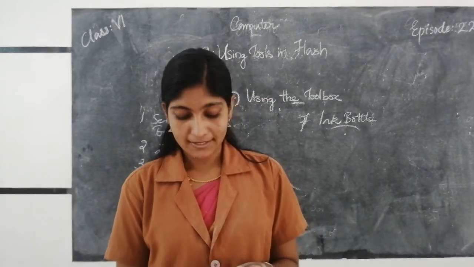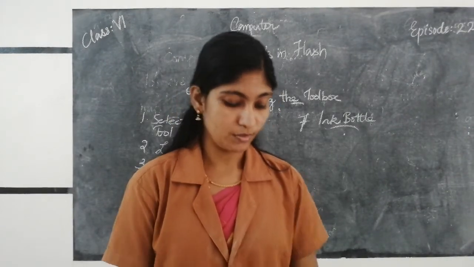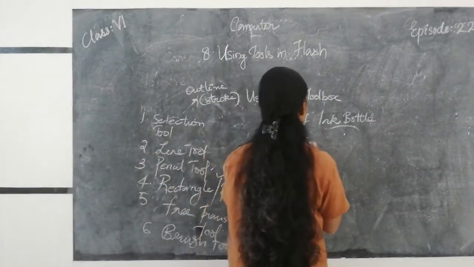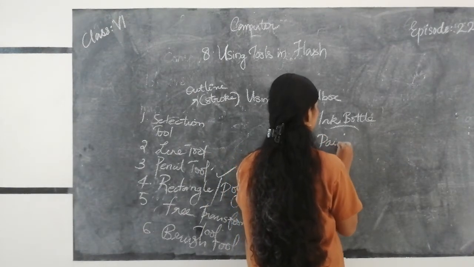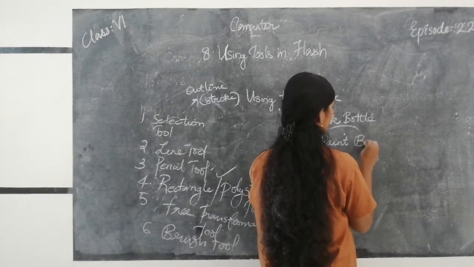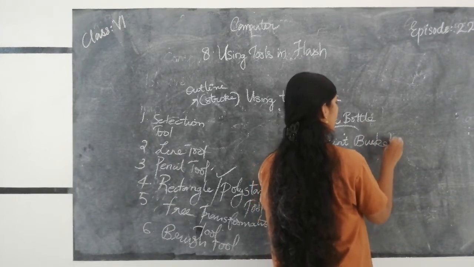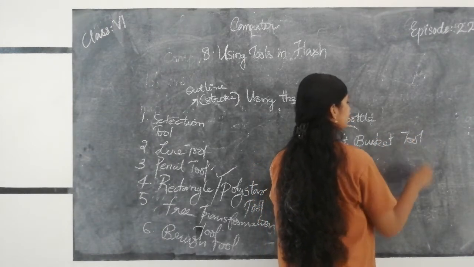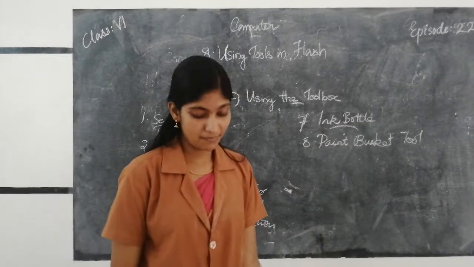So moving to the next topic, that is the paint bucket tool, the eighth one. We know what is the use of a paint bucket? Simply to fill colors. So that's the same here.